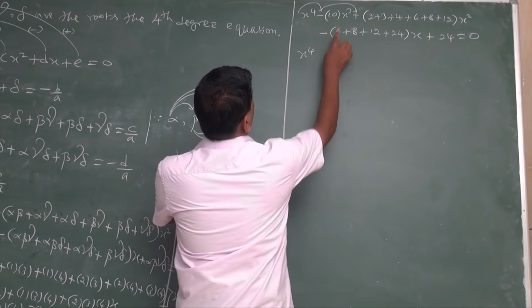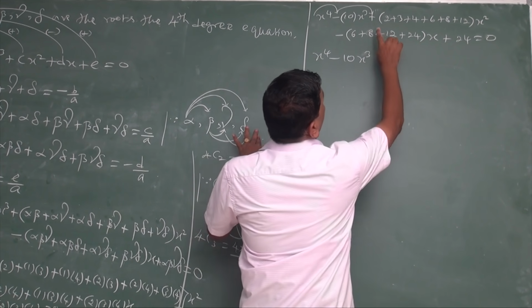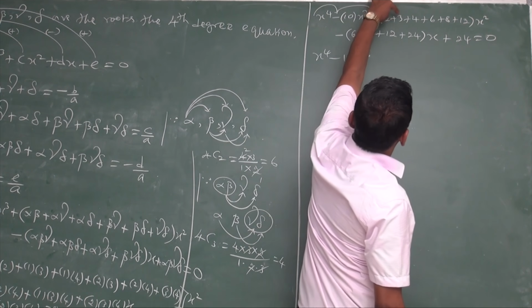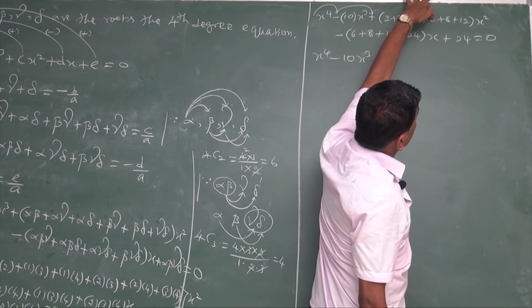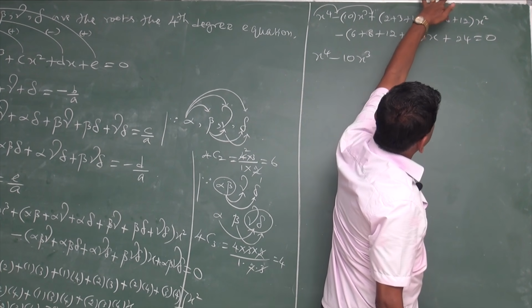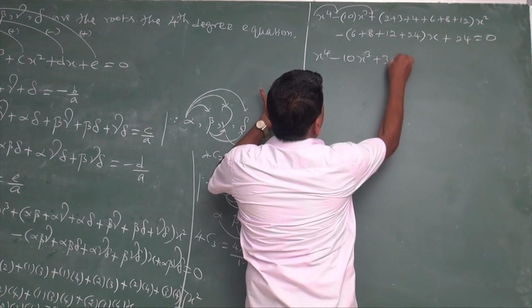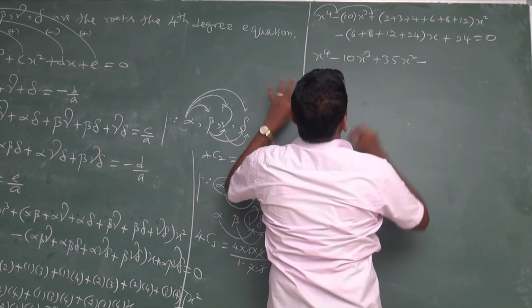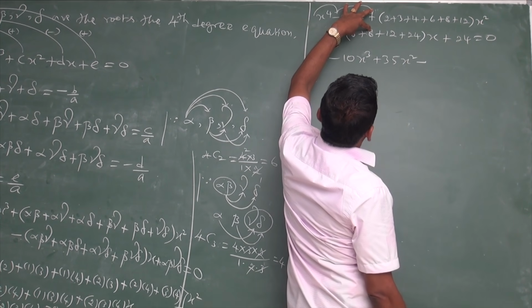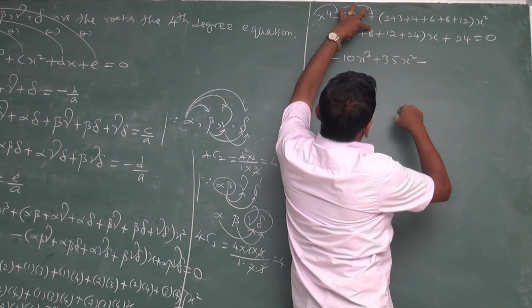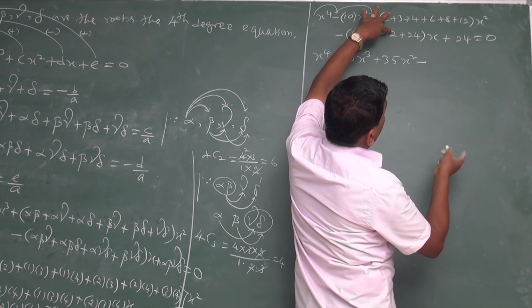Now x power 4 minus 10 into x cube, minus 10x cube, and x square term, x square coefficient is given by 2 plus 3 5, 5 plus 4 9 plus 6, 9 plus 6 equal to 15 and 15 plus 8 23, 23 plus 12, so 35, so plus 35x square minus of here is 6 plus 4, 14. 14 plus 12, that is 36. 36 plus 24, so 60.